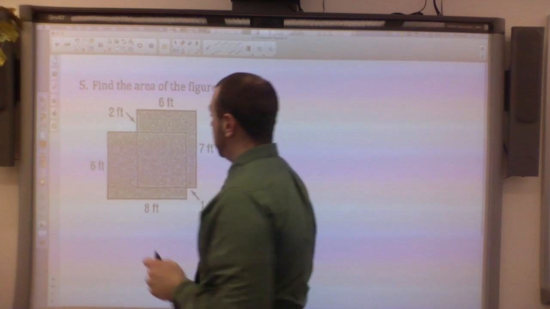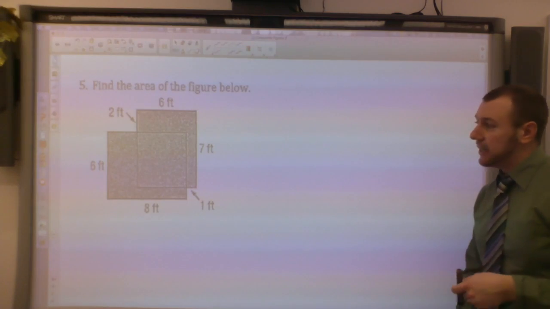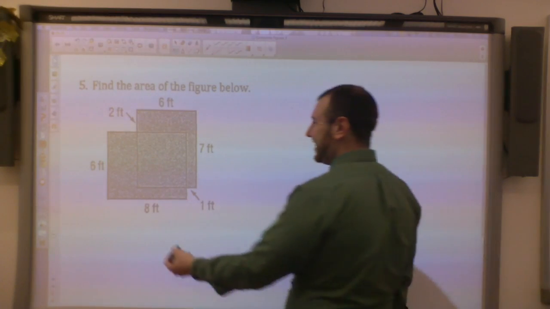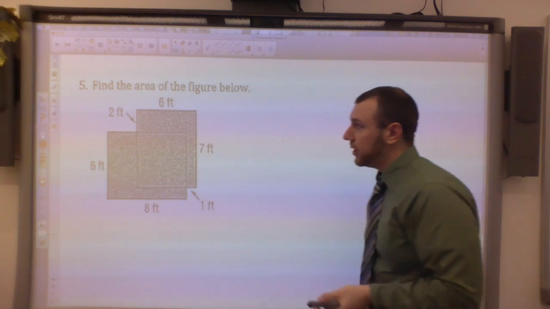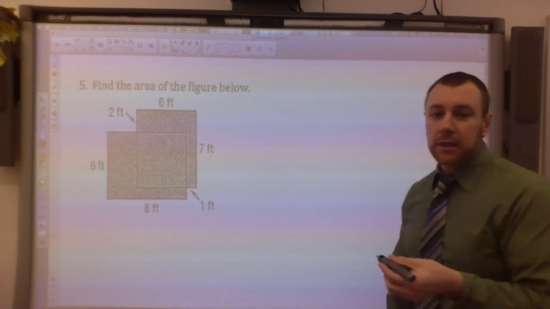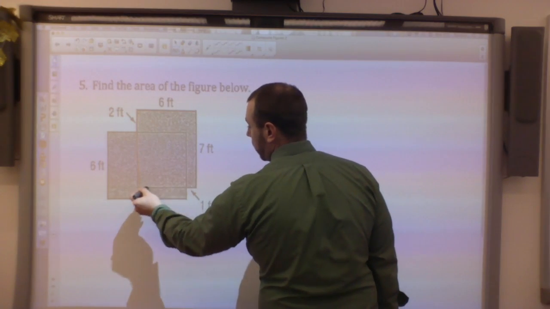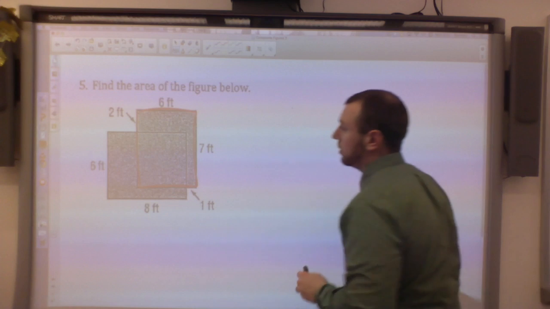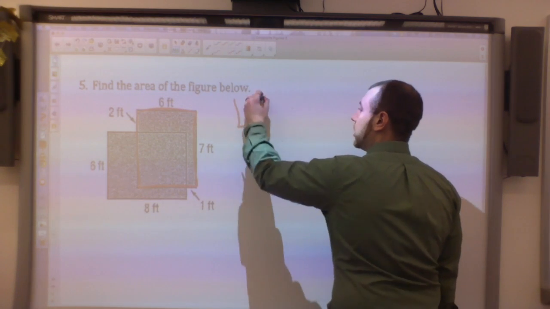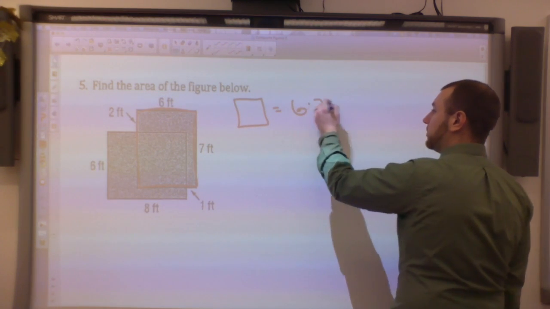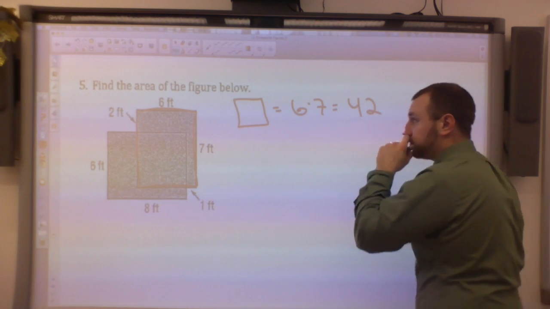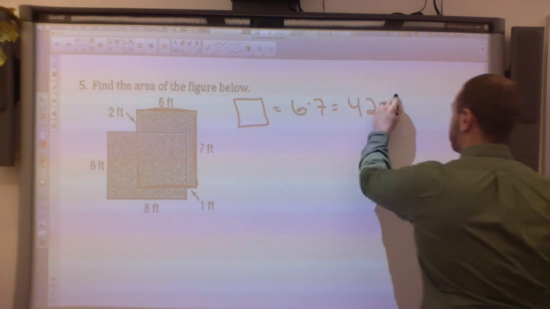For the next one, you're going to see two rectangles, and then there's this funny little square in the middle. So what I'm going to do is find the area of this orange triangle first. So the orange triangle is going to be 6 times 7, which is 42 feet squared.